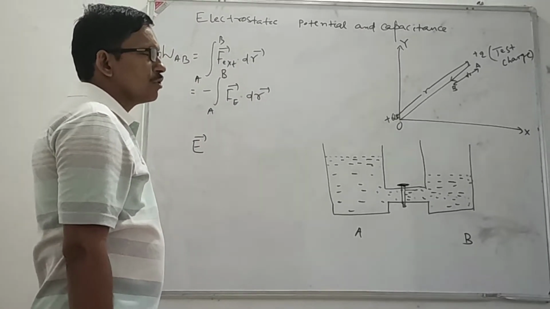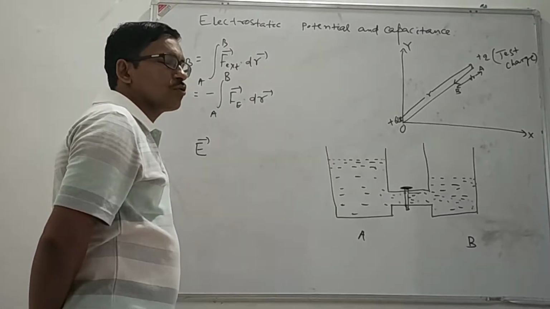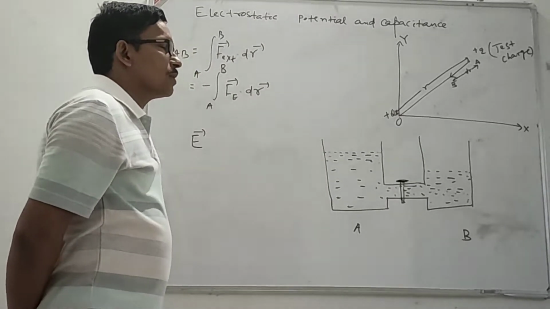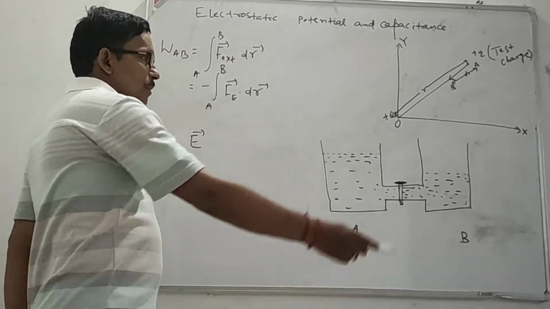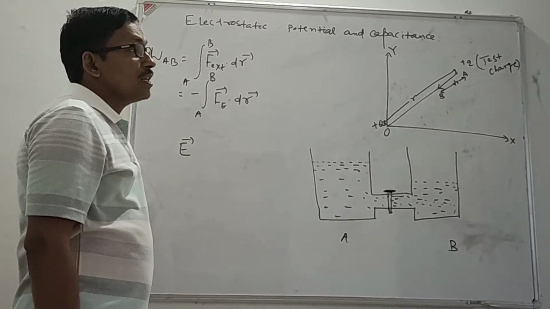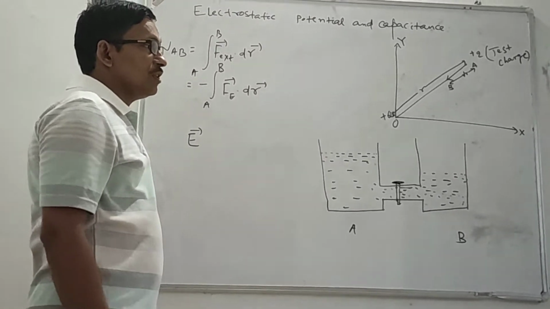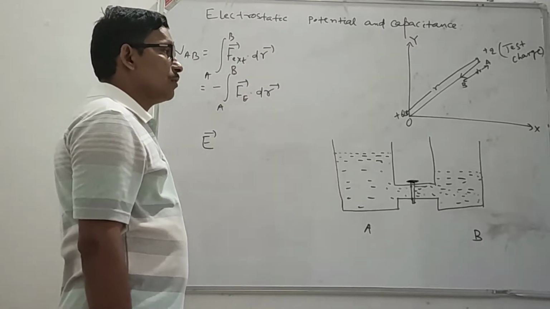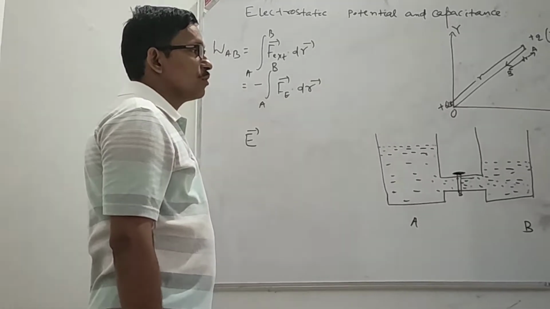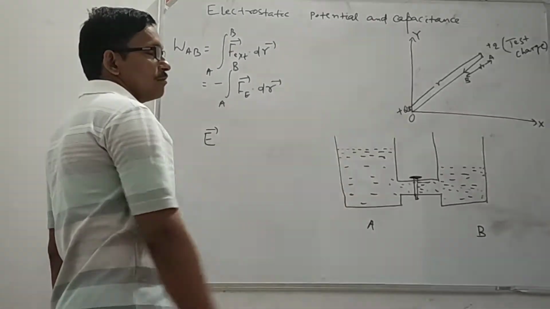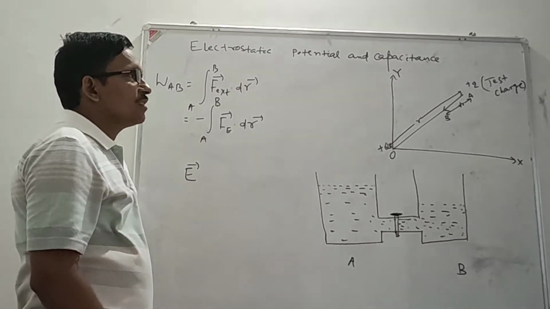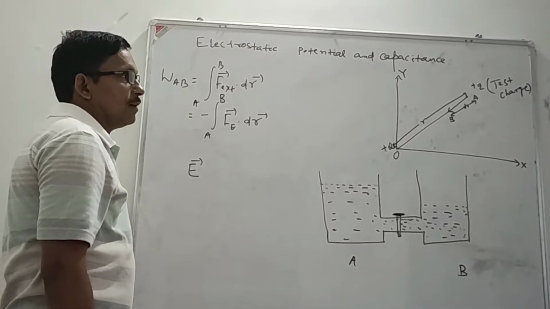And here you should remember the charge small q should be very small so that it will not affect the configuration of charge plus Q. And the external force applied must be equal to the electrostatic repulsive force provided by the charge plus Q, so that the charge q is not accelerated.